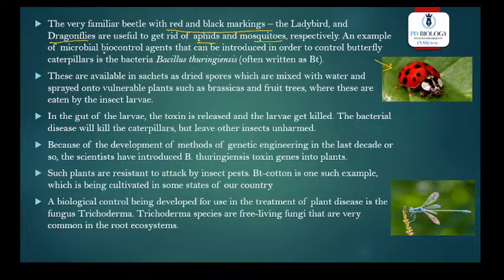Respectively, an example of a microbial biocontrol agent that can be introduced in order to control butterfly caterpillars is the bacterium Bacillus thuringiensis, often called BT. These are available in sachets as dried spores, which are mixed with water and sprayed onto vulnerable plants such as brassicas and fruit trees, where they are eaten by the insect larvae.